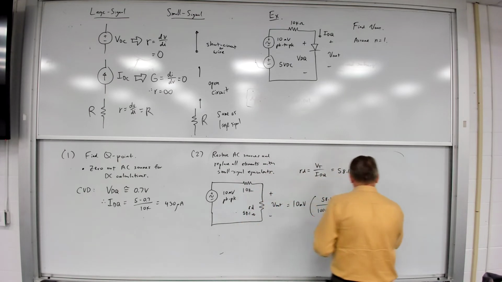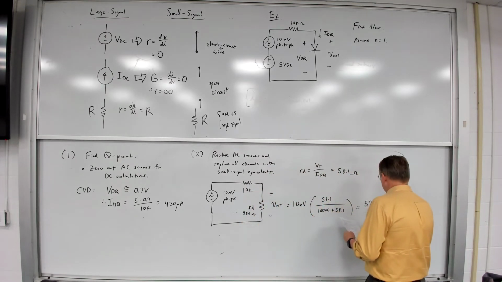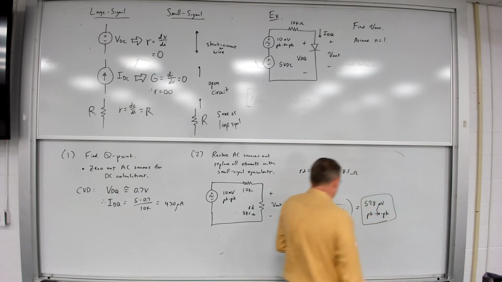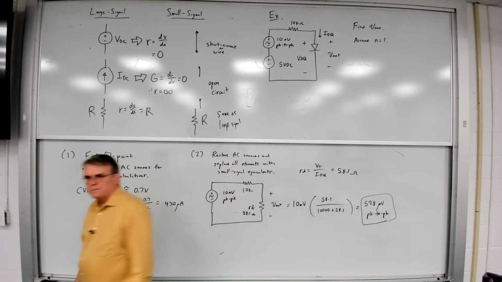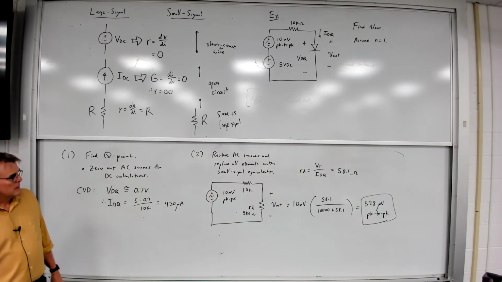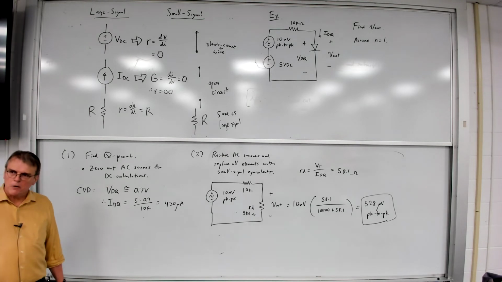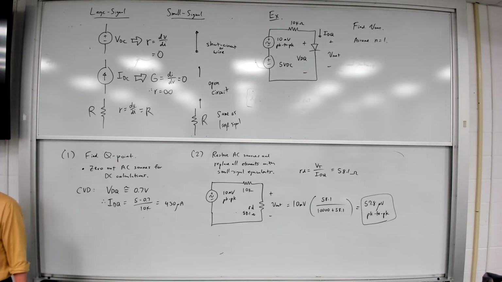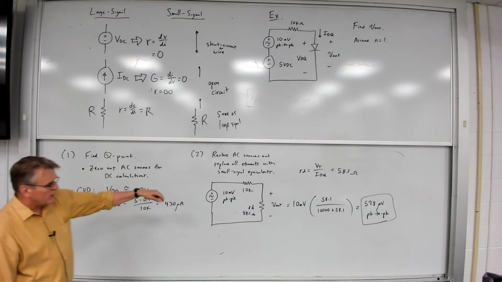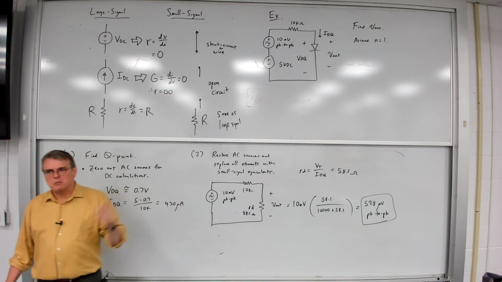And this will be equal to 57.8 microvolts peak to peak. And there we go. Like I said, this is kind of similar to some of the stuff you've already seen in circuits 1. Not quite, but similar to it. Take everything, transform it over, and here it's, once again, just the stuff you already know how to do.